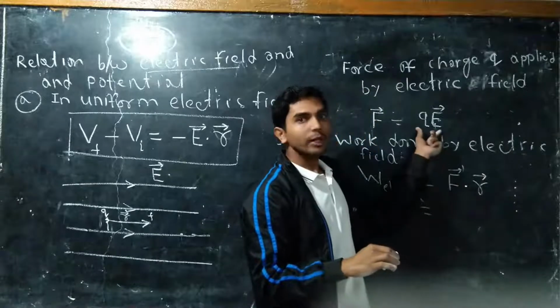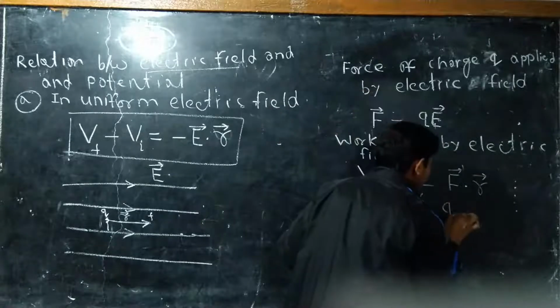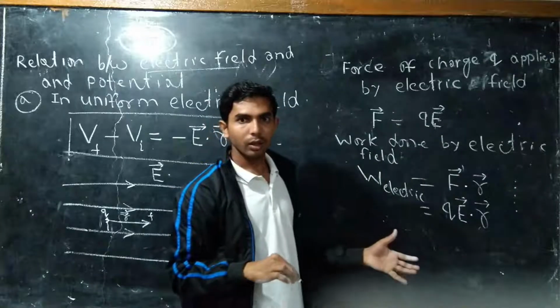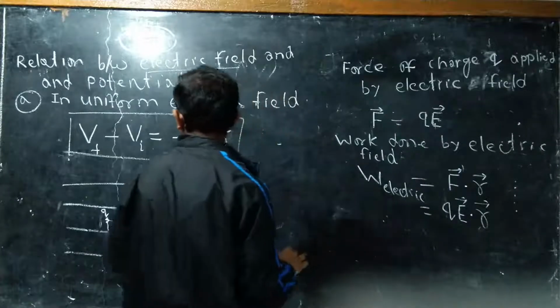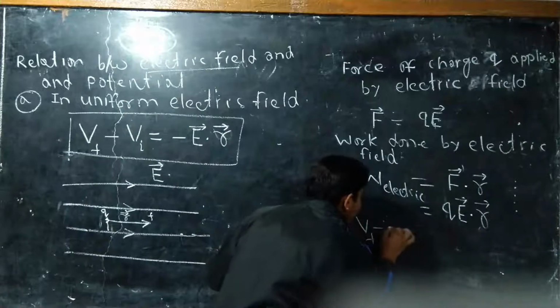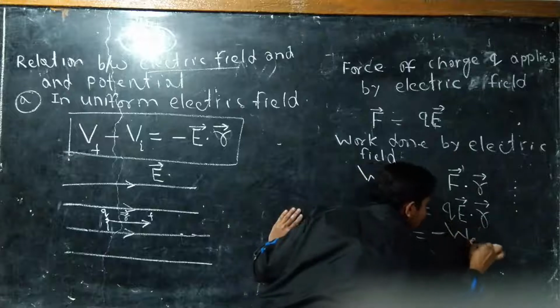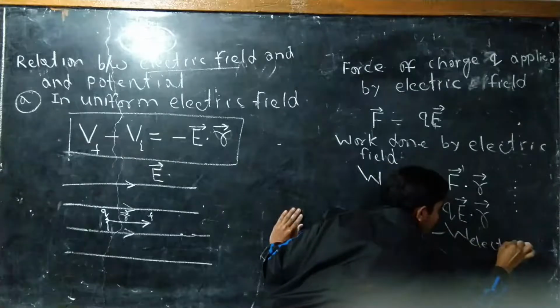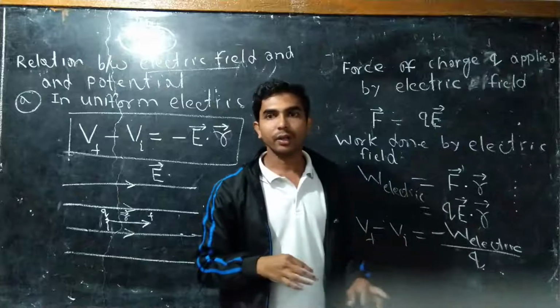And F is calculated. How much is F? QE, right? Yes or no? And you know this relation: V final minus V initial is minus W electric divided by Q. I already wrote this relation, right?